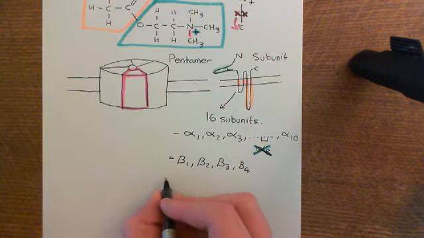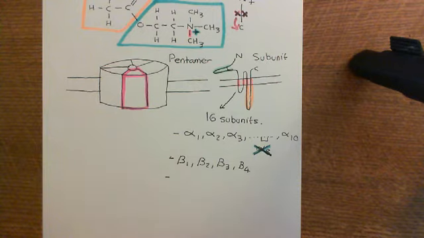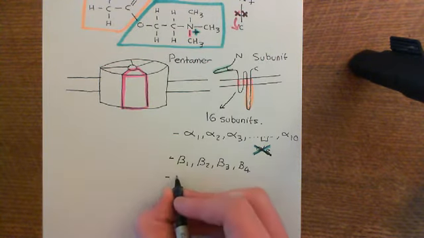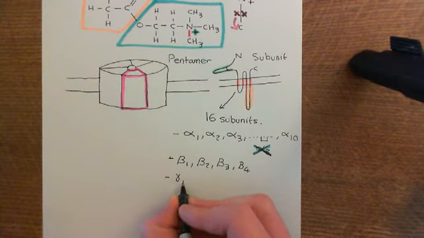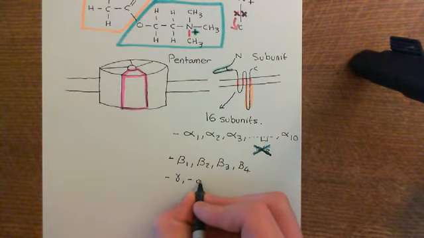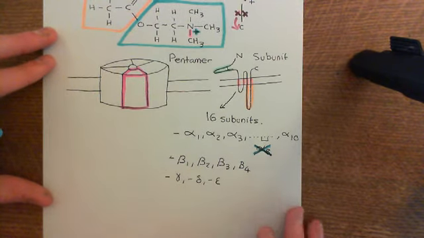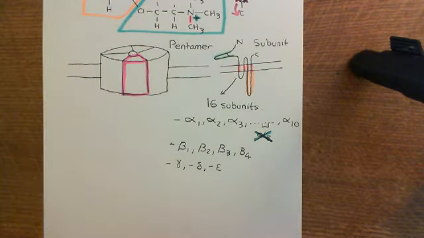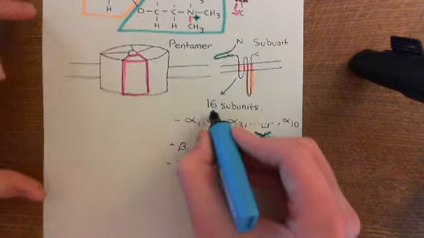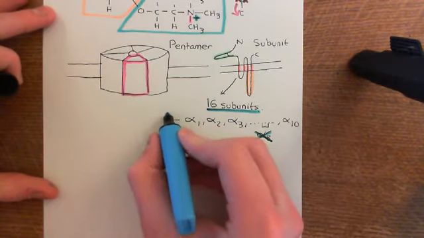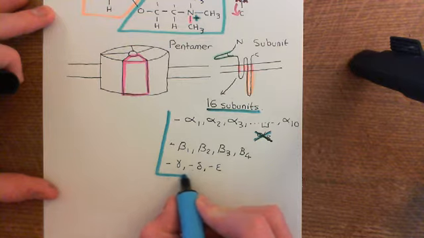Finally, there are 3 that then don't fit into families, or rather they're in families but on their own. These are the gamma, the delta, and the epsilon nicotinic acetylcholine receptor subunits. And overall, that gives us 16 different nicotinic acetylcholine receptor subunits.